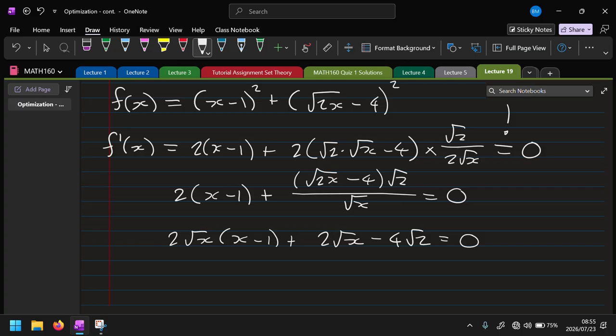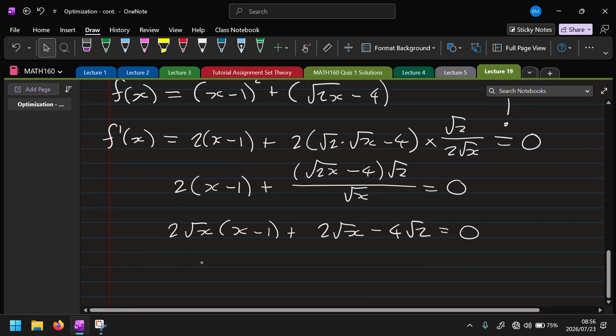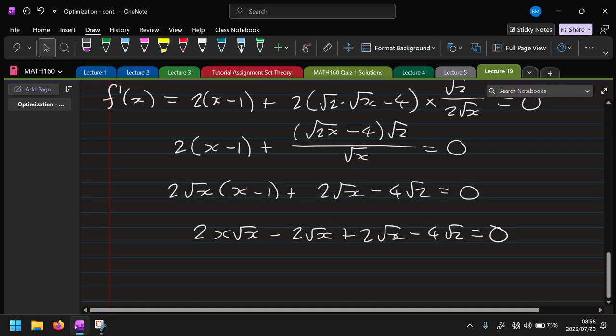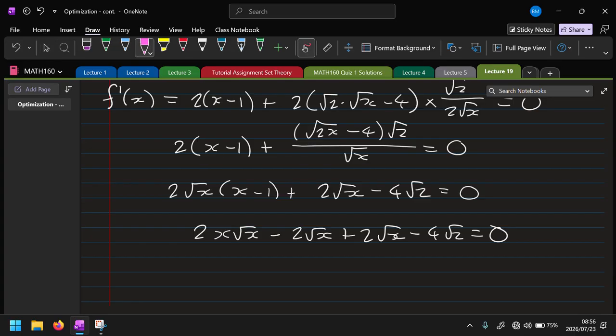Next, I can distribute inside here. I can distribute in there and then simplify. Okay, so just multiplying out. Minus 2 root x plus 2 root x, we can cancel those.